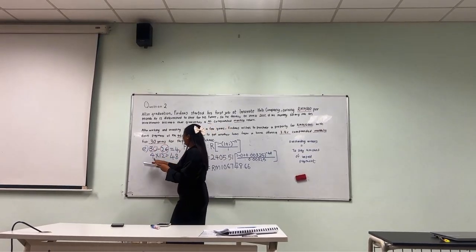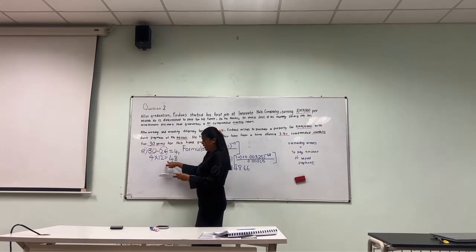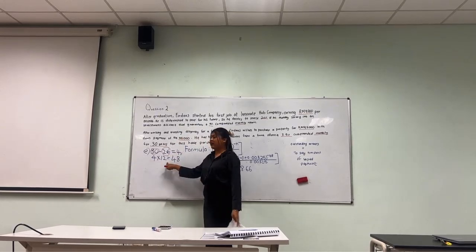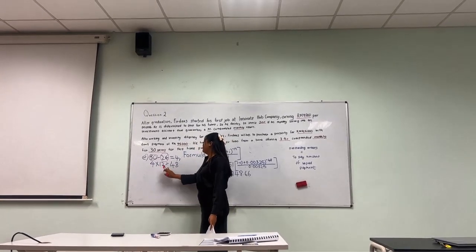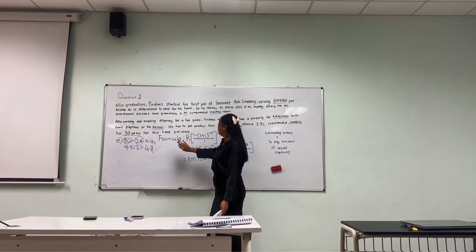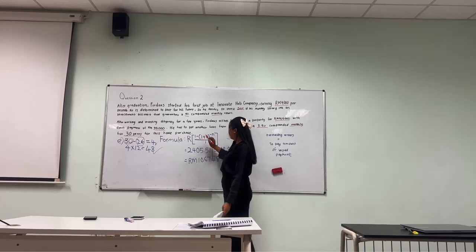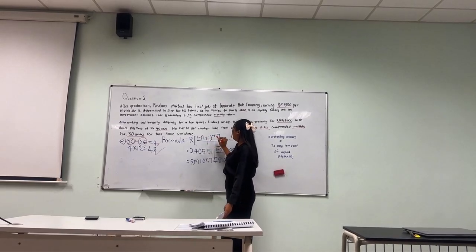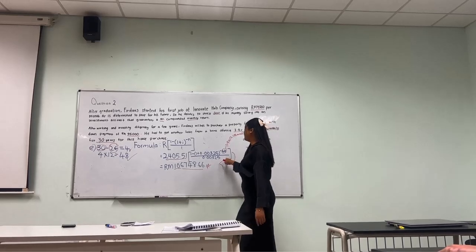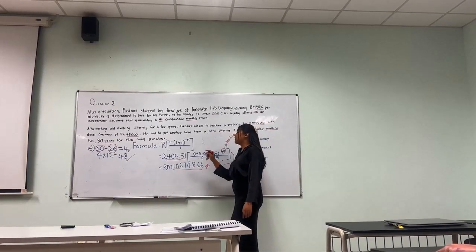Then we multiply 4 with 12, since he paid monthly. 4 multiplied by 12 is equal to 48. We use the formula R times 1 minus (1 plus i) to the power of negative n, divided by i. Then the answer for this is 106,748.66 ringgit.